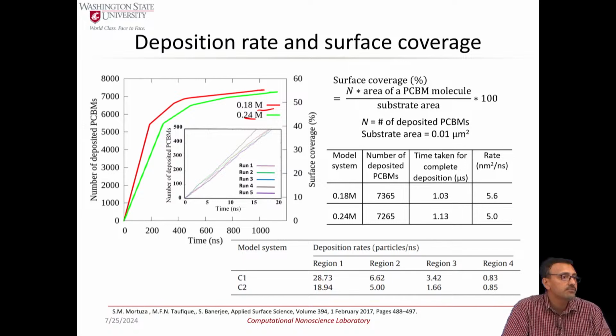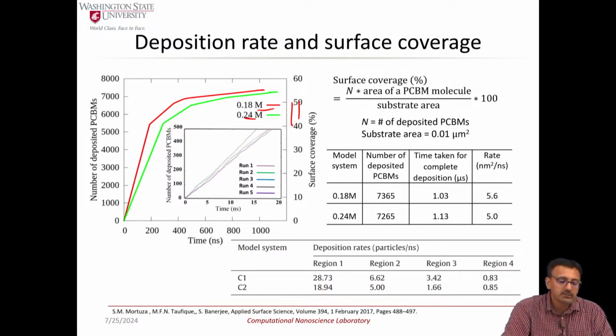So, basically, we can vary the processing condition under which these deposition processes are happening. The reason we chose somewhat higher concentration is because the way these films are deposited is through evaporation of the solvent once you deposit these, and you can reach pretty high concentration. So, we are interested in looking at 0.18 and 0.24 molar concentration of these particles.